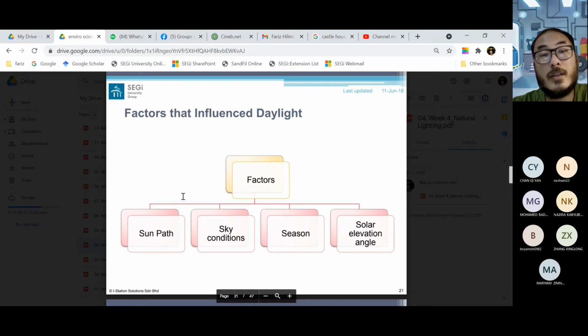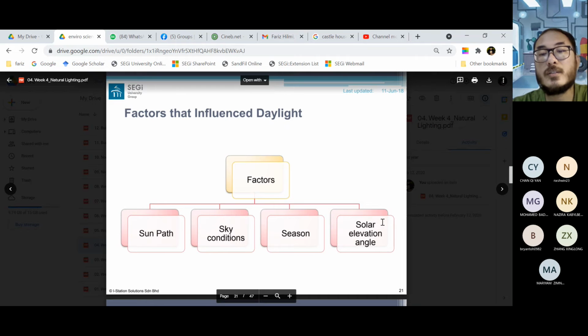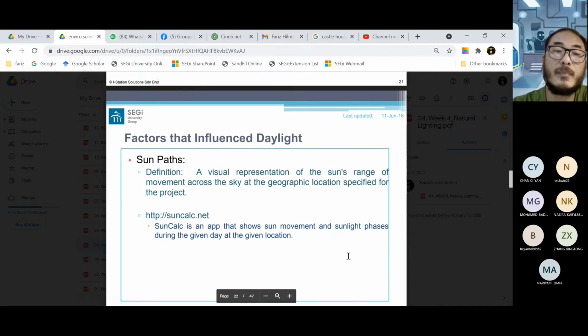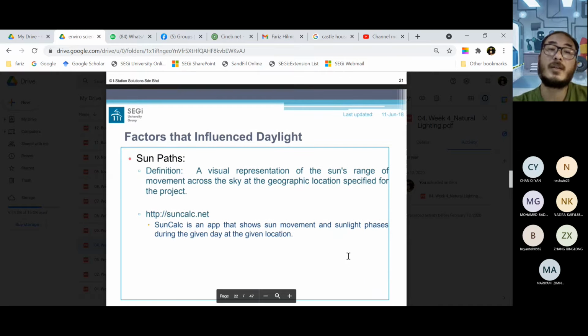Factors that influence daylight: sun path, sky condition, season, solar elevation angle. The definition of sun path is a visual representation of the sun's range of movement across the sky at the geographic location specified for the project.